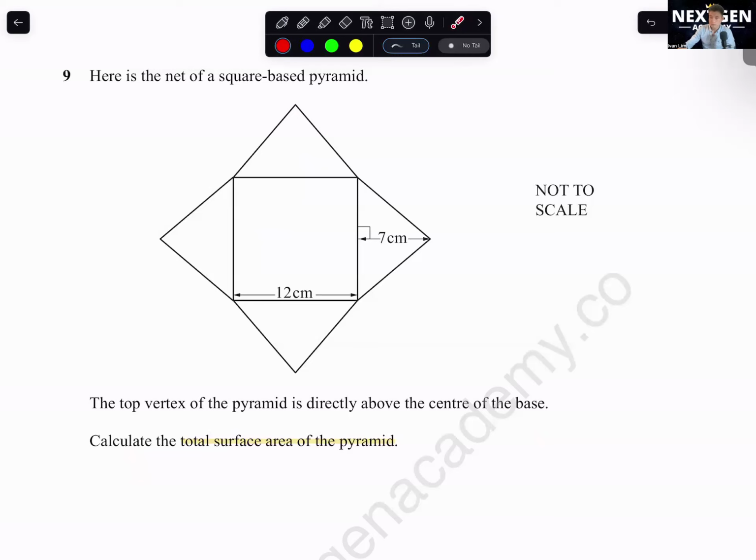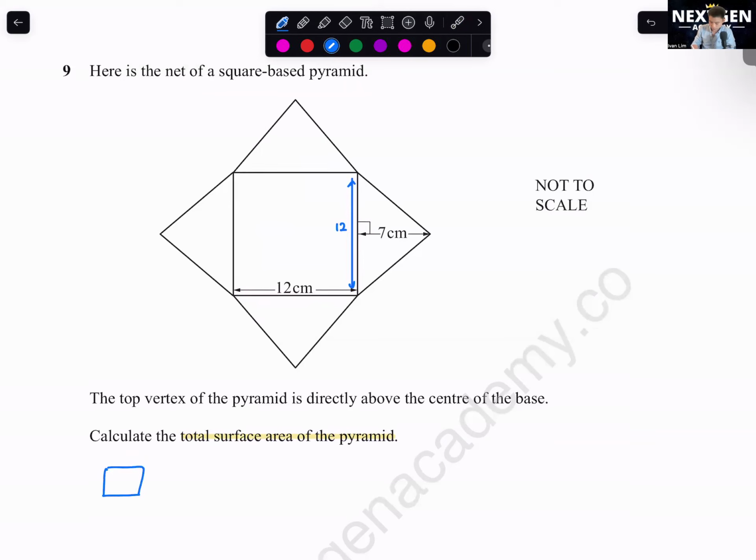Okay, what is the base of the triangle? They already give you. They say it's a square base pyramid, so here is also 12, right? All of it will be 12. So we need to do two things. First one, the square. The square is 12 cm by 12 cm. So the area of the square will be 12 multiplied by 12, which equals 144 cm squared.